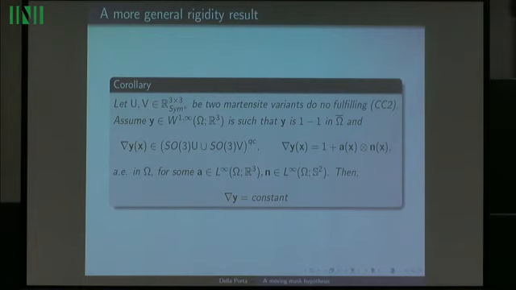So we assume that we take two martensitic variants, we mix them, we construct a microstructure, but this does not satisfy the cofactor conditions, the conditions that I was mentioning before and that Dick was mentioning before. So whatever martensitic microstructure with these two variants satisfies our differential constraint, then it must be on average constant.